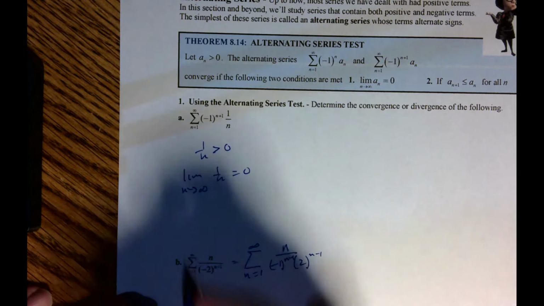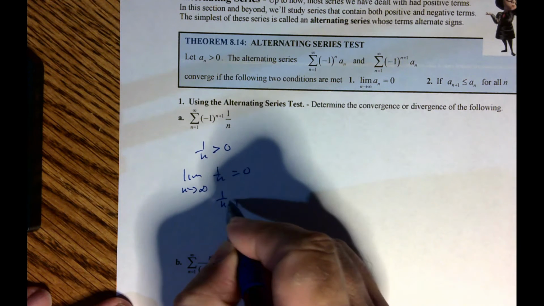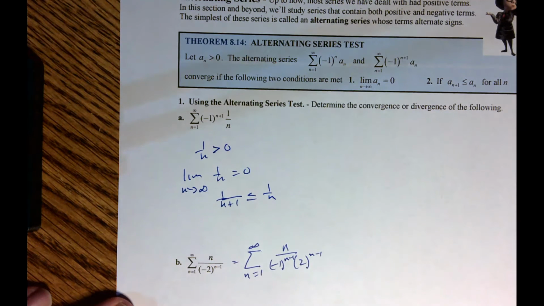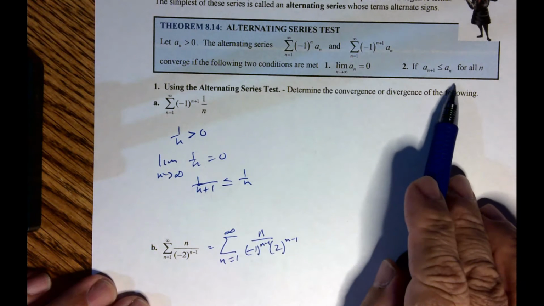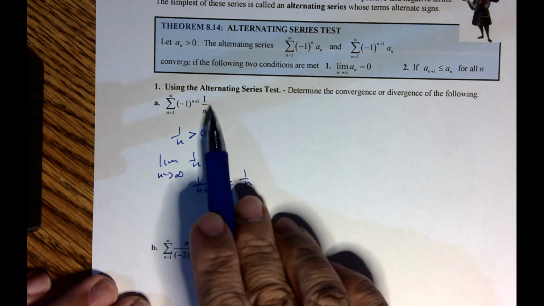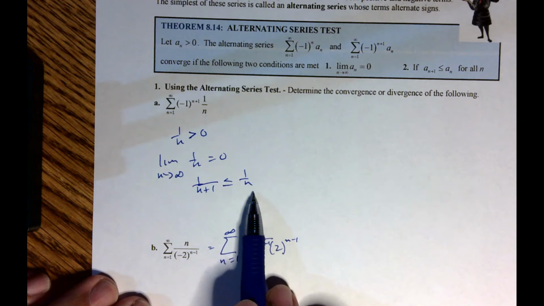And we want to show that 1 over n plus 1 is less than or equal to 1 over n. So what did I just do there? a sub n plus 1, for my example, is 1 over n plus 1, and a sub n is just 1 over n.